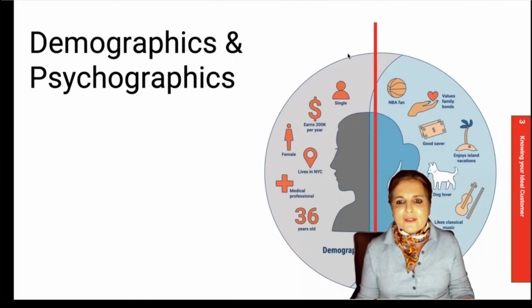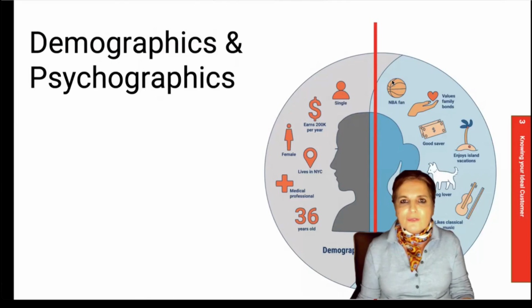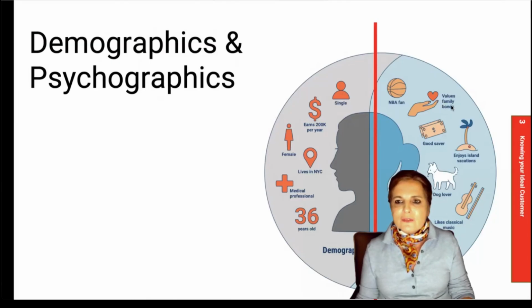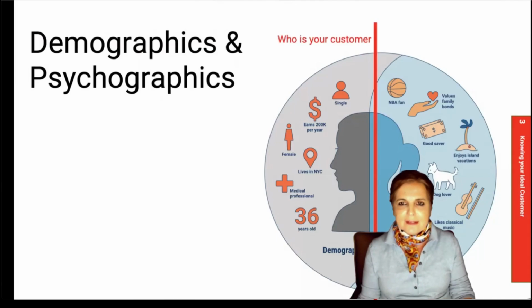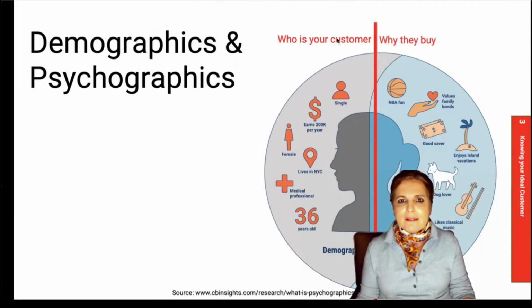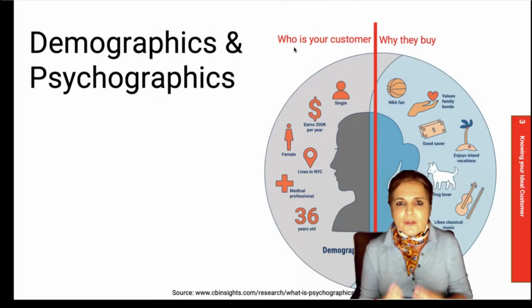But there's the other side of this, which we'll call psychographics, the things that really move this person: the values, the family, the bonds, relationship with money, where this person likes to enjoy vacations, favorite pets, etc. So these are things that are not on paper. These are really tastes and things that your customer may enjoy, right? So the demographics is who your customer is, and the psychographics is really why they buy.